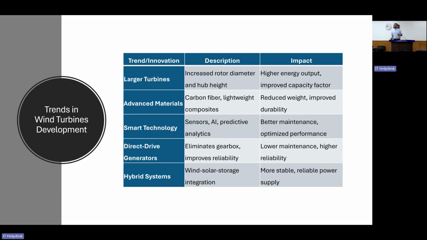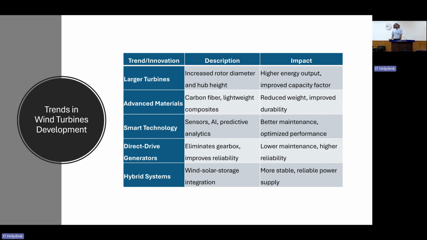This has also improved the durability of the wind farms. Smart technology has also been integrated, like sensors, AI, and predictive analytics, to predict how much wind will be there to produce how much electricity, and according to that the maintenance and optimization of the performance of the wind turbines can be carried out.